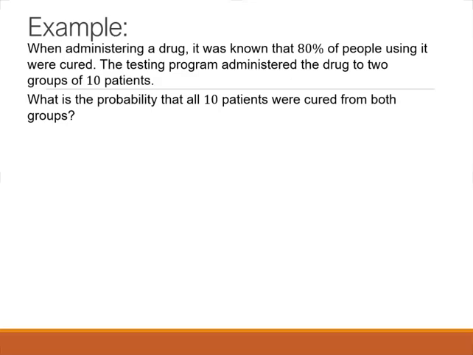Right? Is each individual trial independent? Does a person getting better depend on the person before them? No. So they are independent. So both trials are binomial. So I will calculate the probability for trial 1 with 10 cures times the probability of trial 2 with 10 cures. Everybody's okay with that?